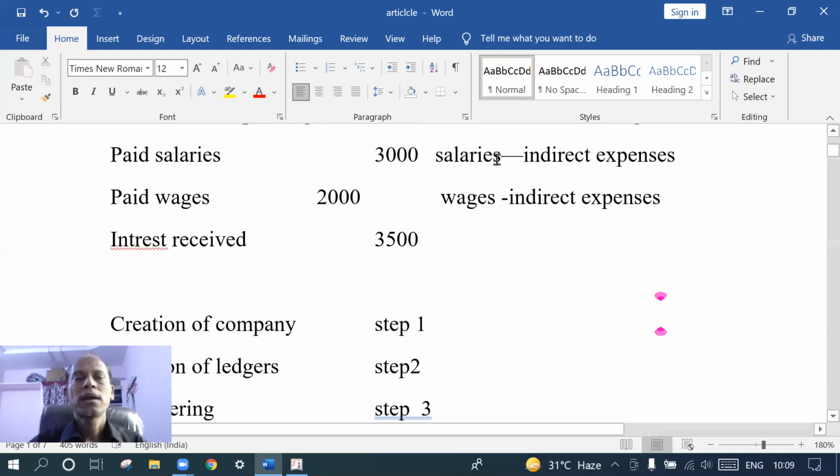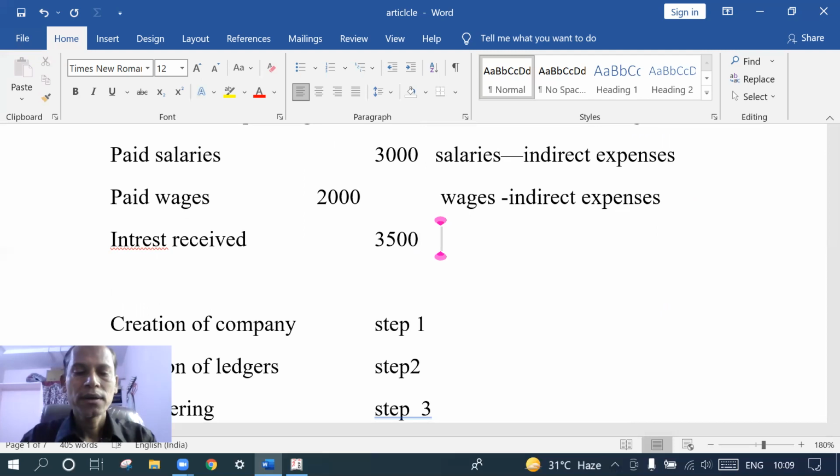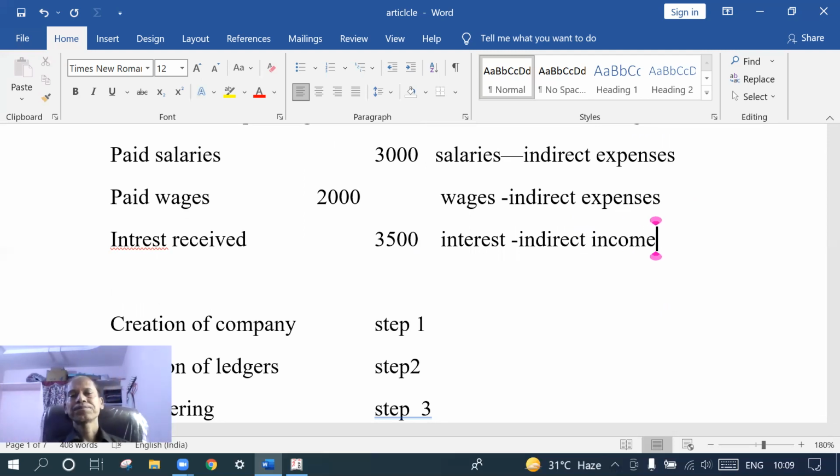Okay. Next, interest received. Interest received is indirect income. Yes.